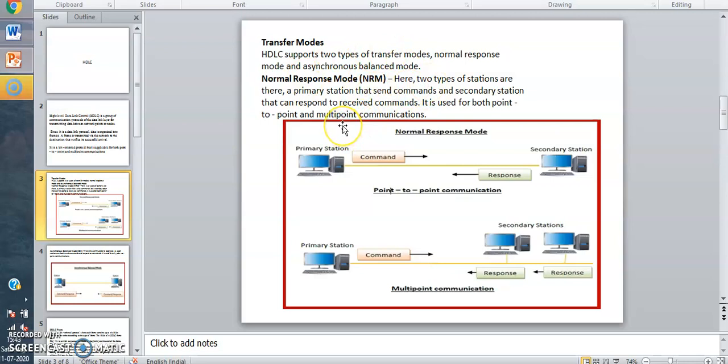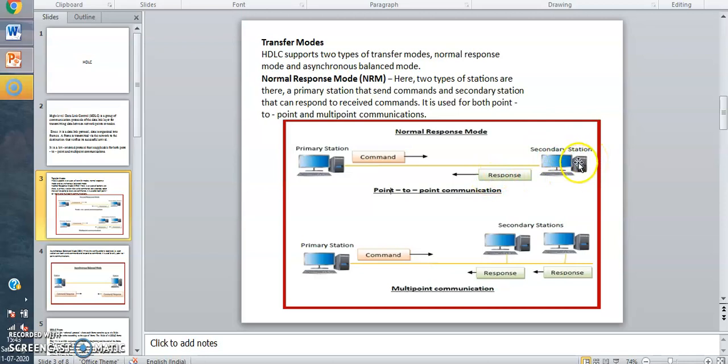Here, in normal response mode, two types of stations are provided, a primary station and a secondary station. The primary station sends commands, and the secondary station receives the command and can respond to the received commands.